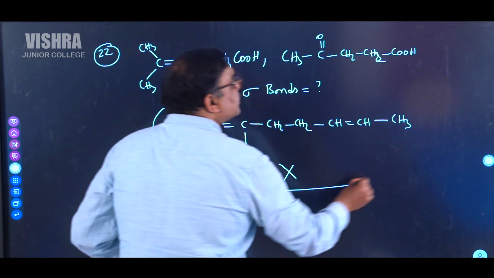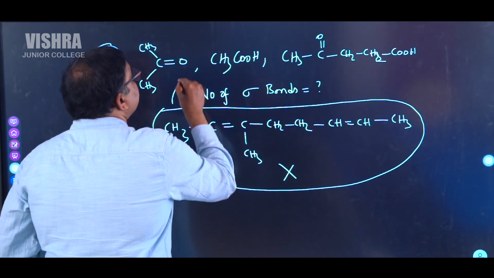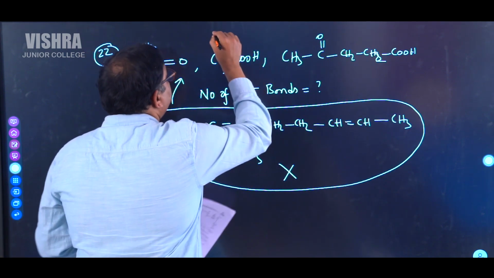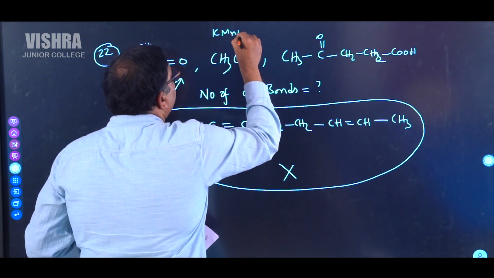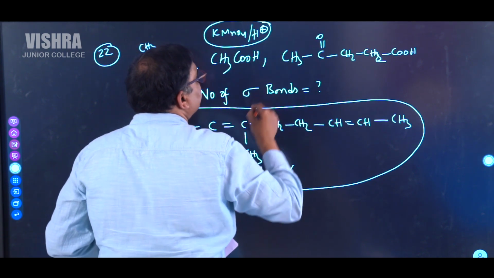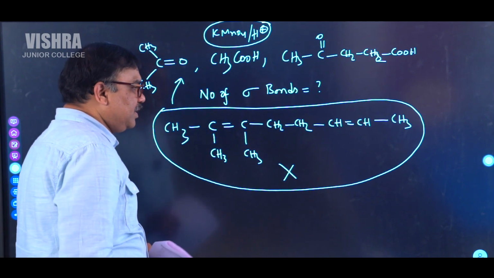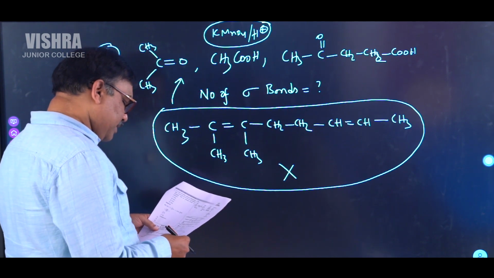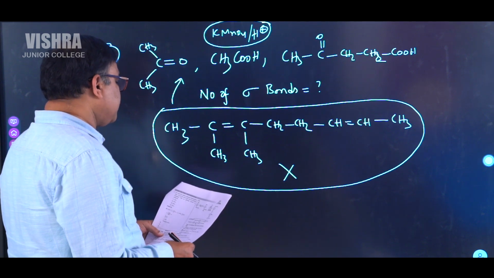This compound X is giving these compounds when KMnO4 in H plus is given. All these three are given. So, how many sigma bonds are there in this?